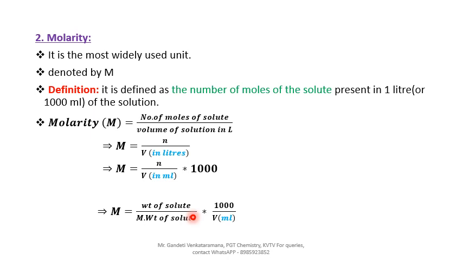Clear? The main important word here is number of moles, which was discussed earlier, especially how to calculate it. So what is the final molarity? M equals weight of the solute by molecular weight of the solute into 1000 by V in ml. If you take volume in liters, just remove the 1000. Clear? Okay.